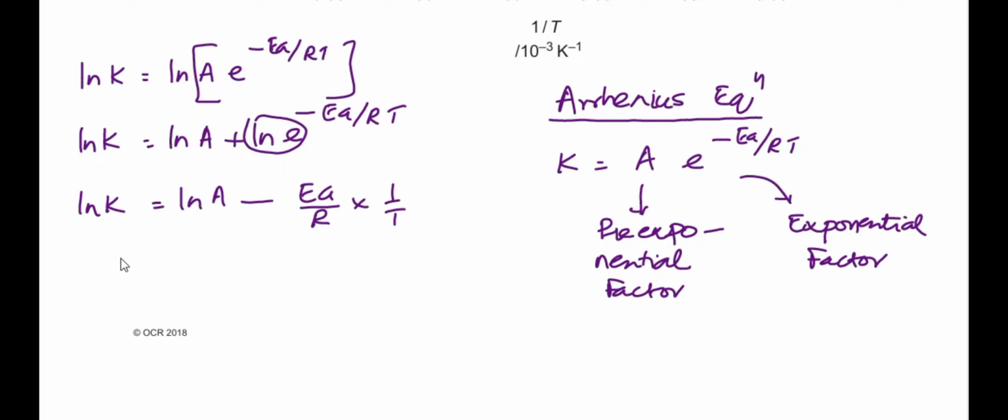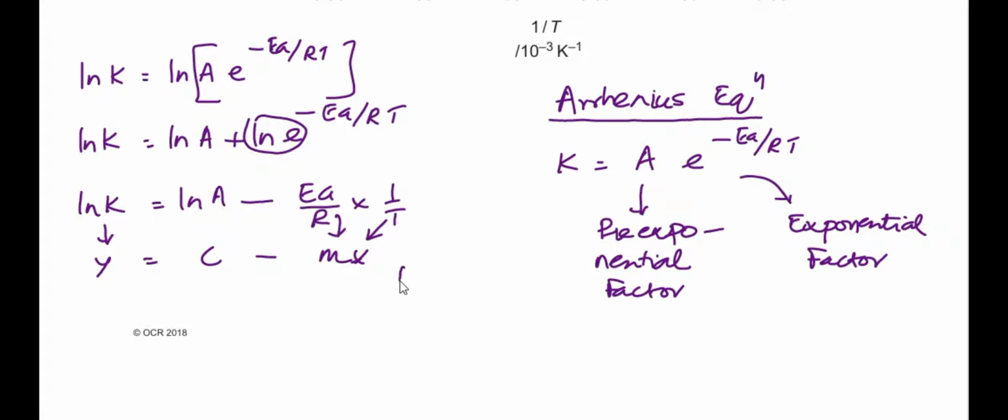So this forms an equation in the form of y is equal to mx plus c, where this gradient is negative here. So EA over R is the gradient, x is the one which we are plotting on the x-axis, and ln K on the y-axis.